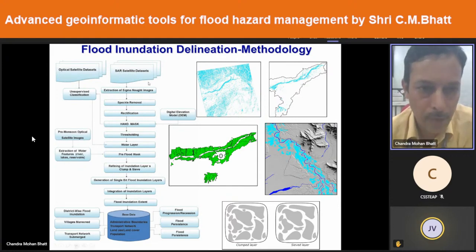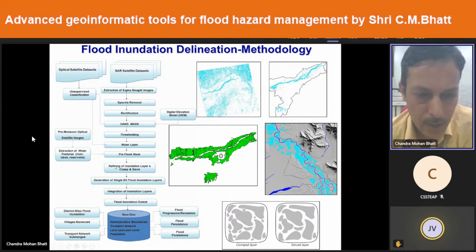If you have the microwave data, you have the extraction of sigma naught images, speckle removal, applying some elevation mask, the thresholding process, and extraction of the water layer, then integrate this water layer with the pre-flood mask. This pre-flood mask comes from the water bodies, lakes or reservoirs you had before the flood, so that they are taken out from the flood layer.